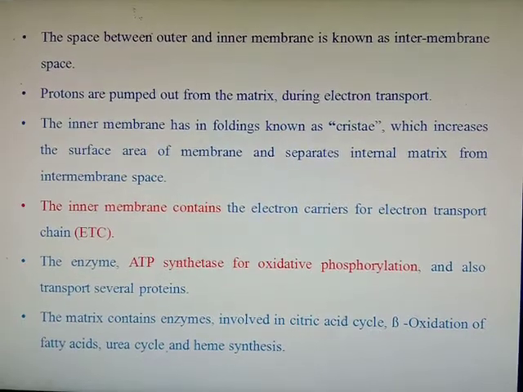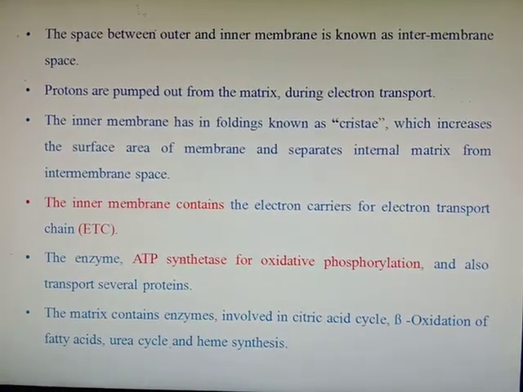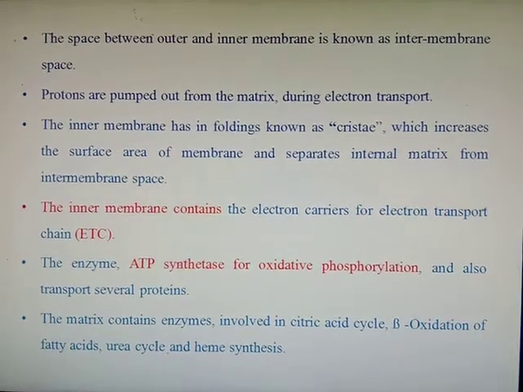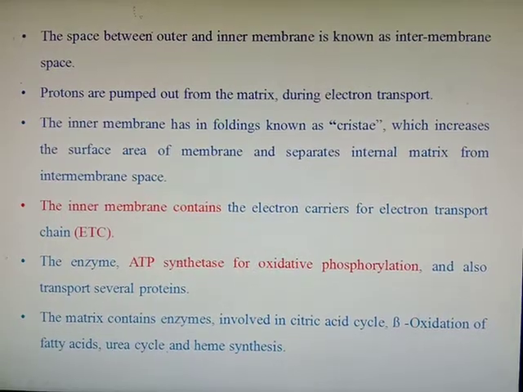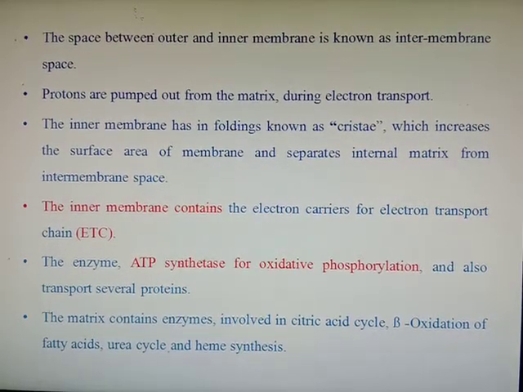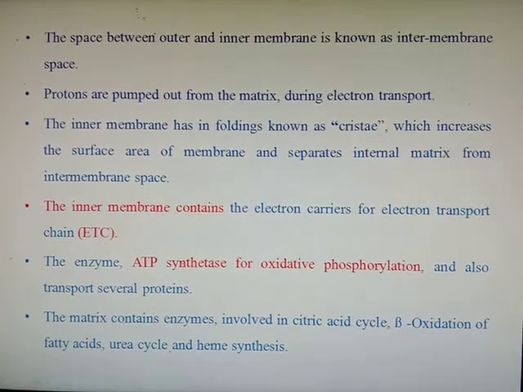The inner membrane has foldings called cristae, which increase the surface area of the membrane and separate the internal matrix from the intermembrane space. The inner membrane contains the electron carriers for the electron transport chain.